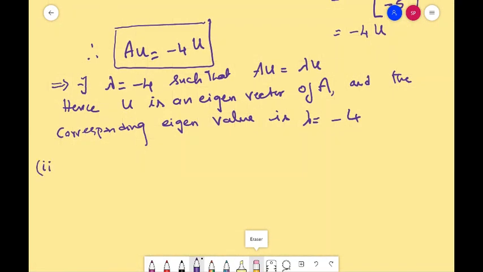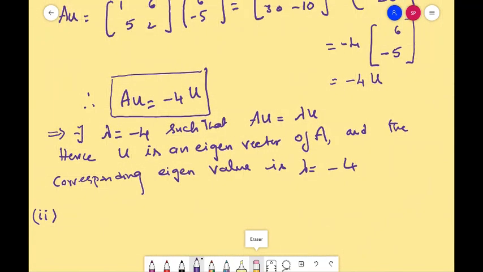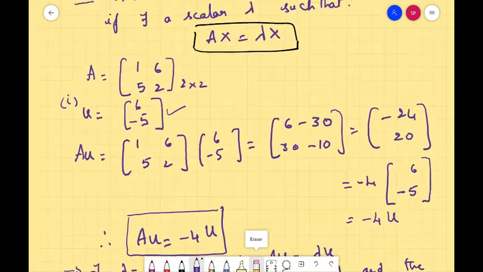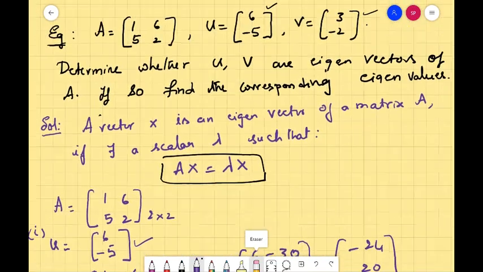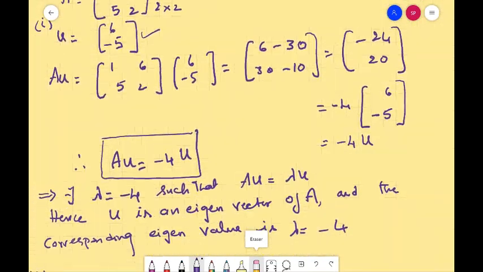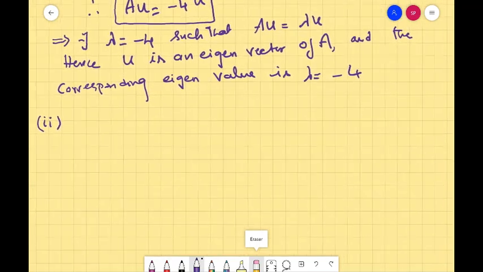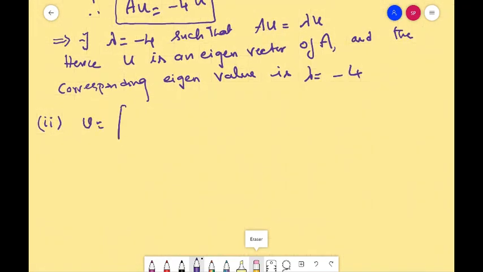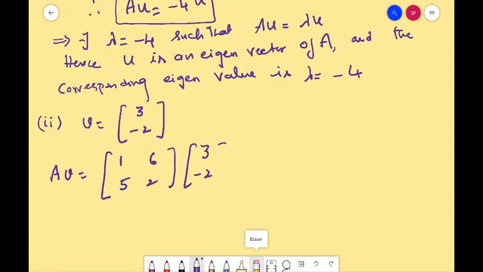What is the second vector given to us? The second vector given is [3, -2], so now I have v equal to [3, -2]. Now let us check what is A into v. A is [1 6; 5 2] and v is [3, -2].